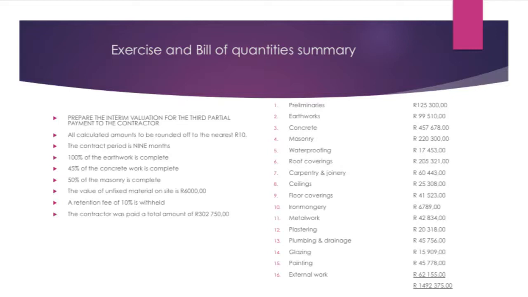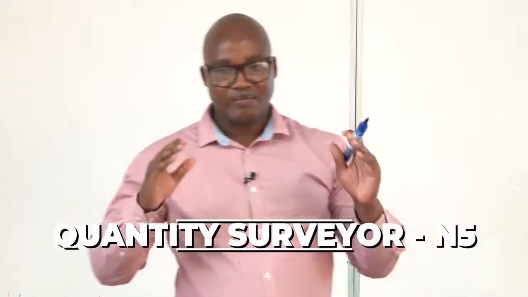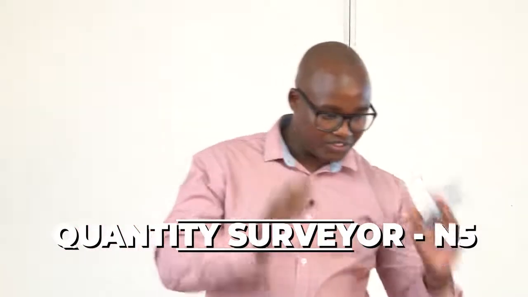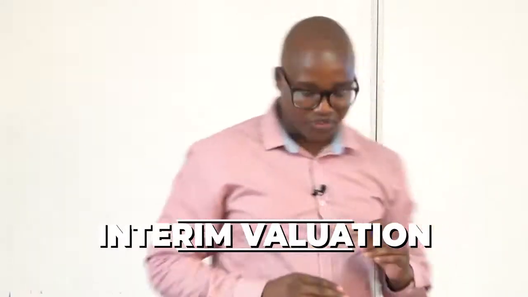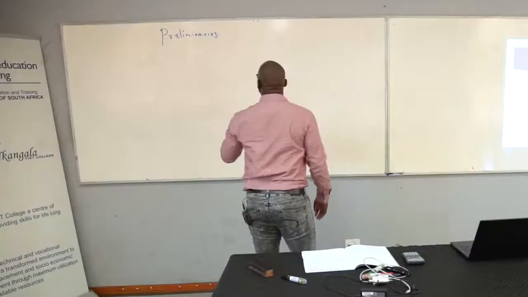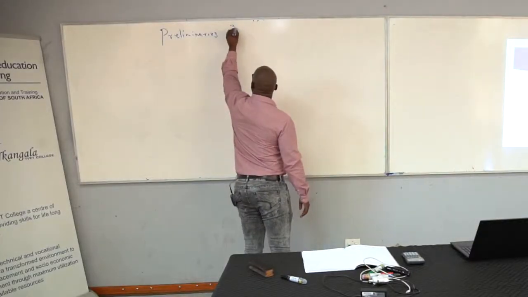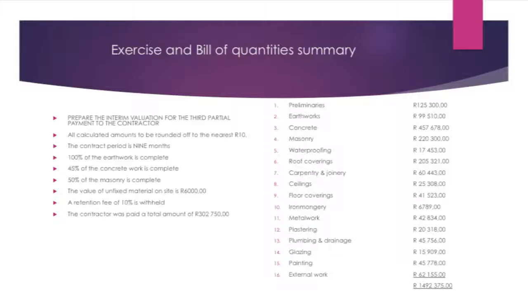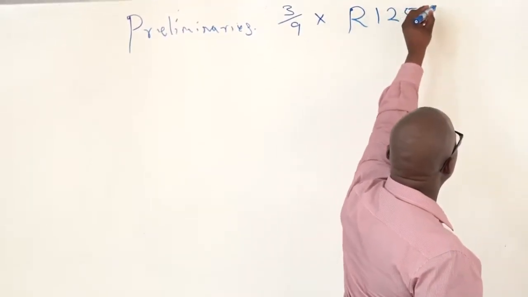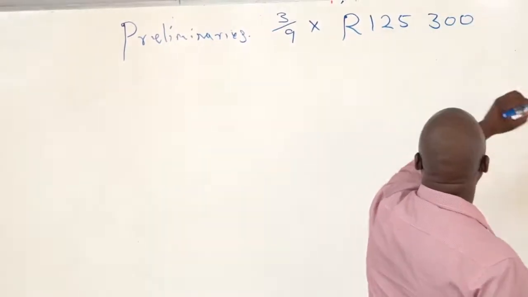So when we work out the preliminaries, we consider the total months that the project is supposed to be completed in, and the third month that we should pay the contractor. So we will have 3/9. We multiply that by the original amount from the bill of quantity summary, which is 125,300.